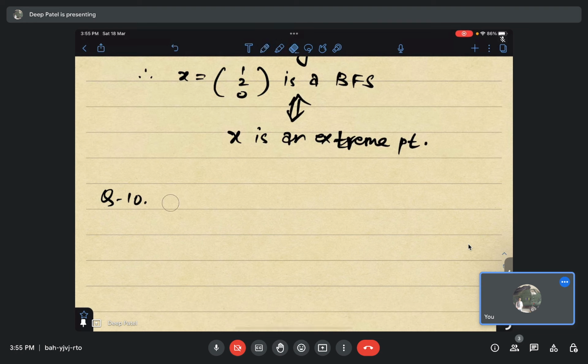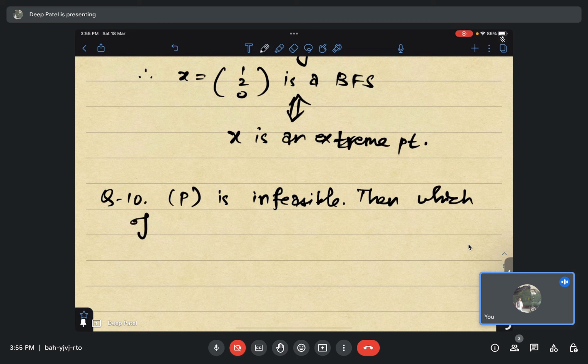So let's say the primal problem is infeasible. Then which of the following are true for the dual?